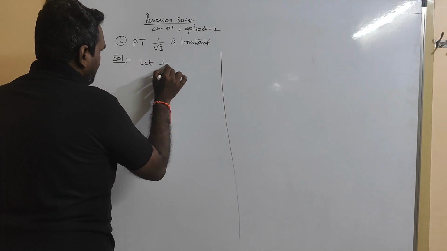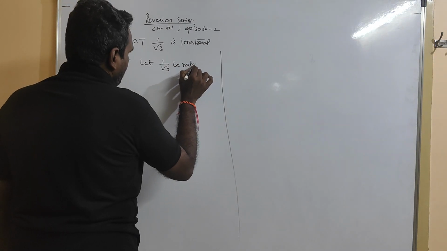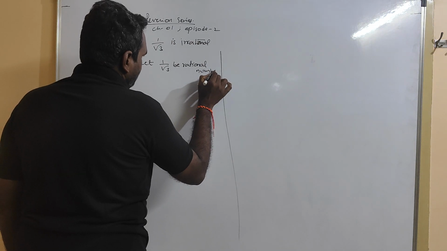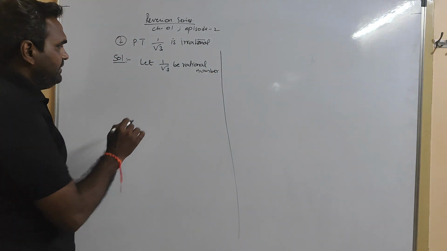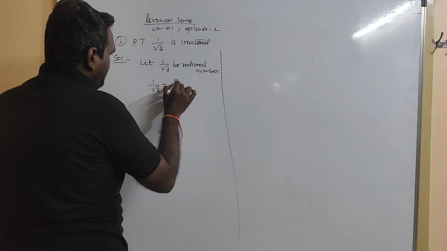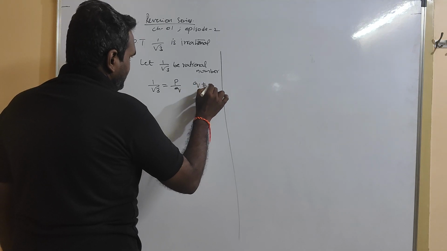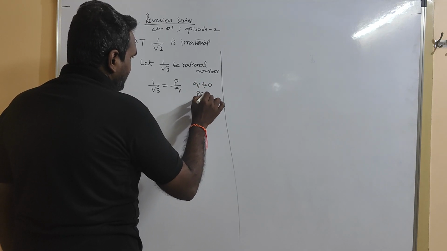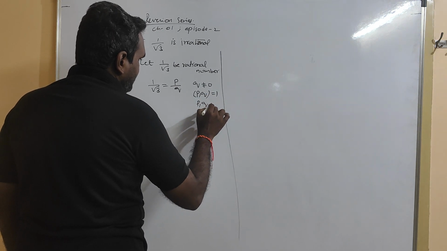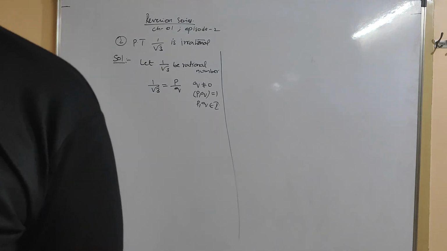Let 1 by root 3 be a rational number. A rational number will be of the form 1 by root 3 is equal to p by q, q is not equal to 0, p, q belong to the integer set, and p, q are co-primes.